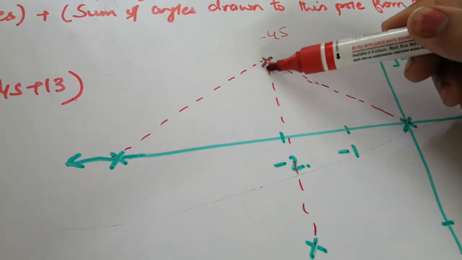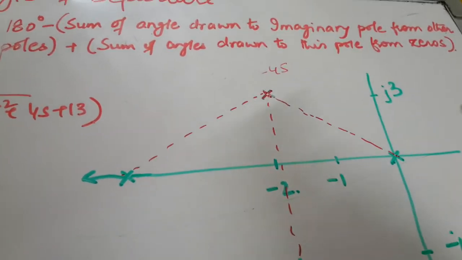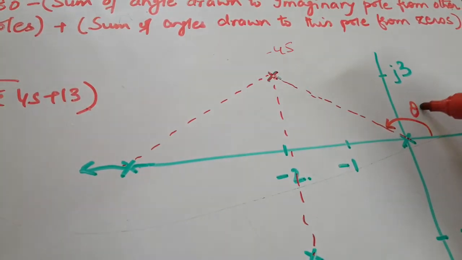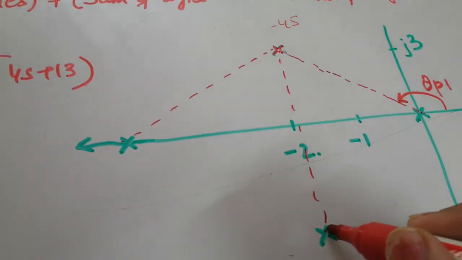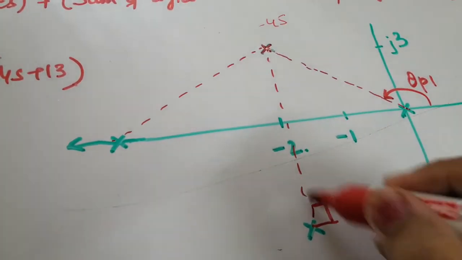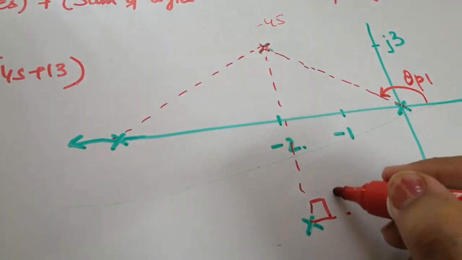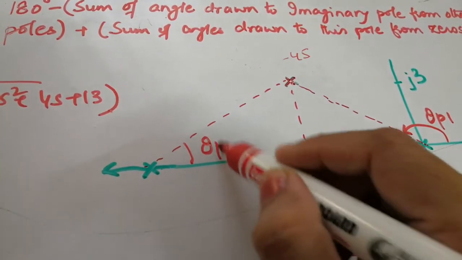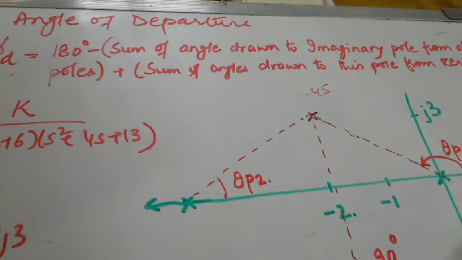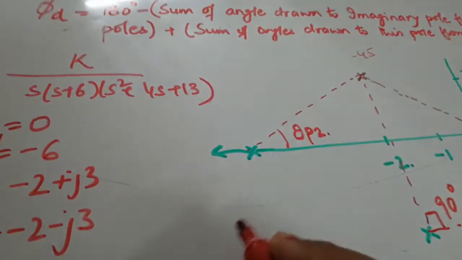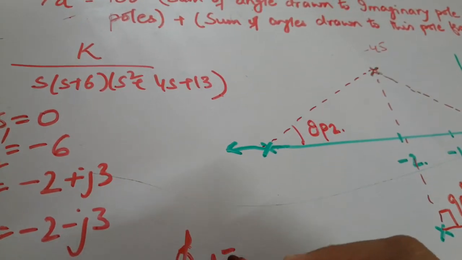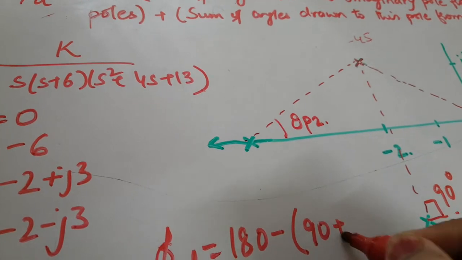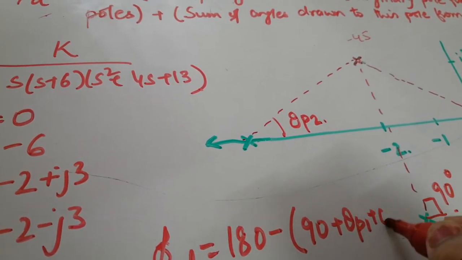So all the poles I have just subtended the angles, and now using a protractor we need to find out this angle, that let's say is theta p1. Then this angle, you people can see that because it is perpendicular, this will always be 90 degree, and this angle will be my theta p2. So according to this formula, my phi d will be equal to 180 degree minus the sum of the 3 angles, that will be theta p1 plus theta p2.